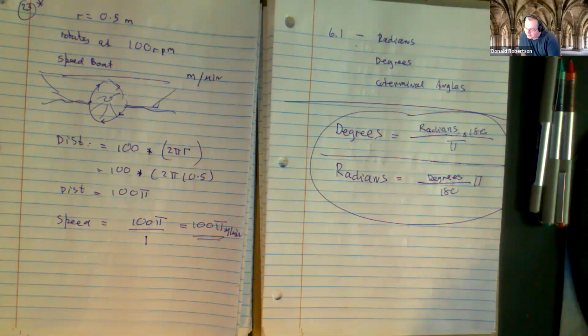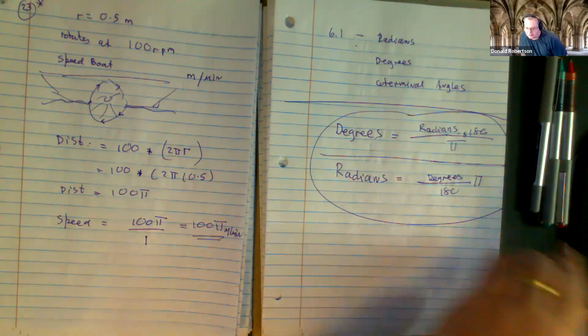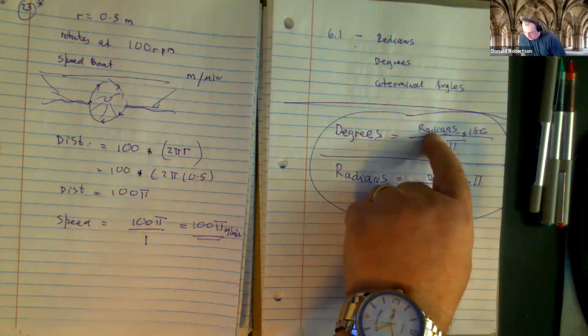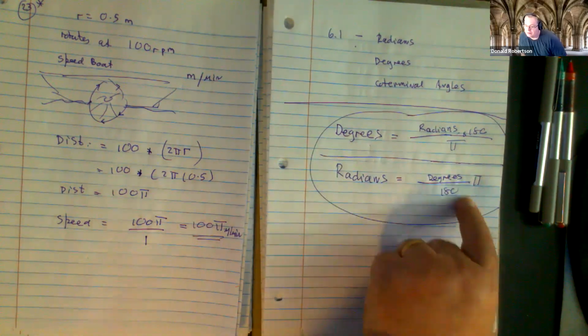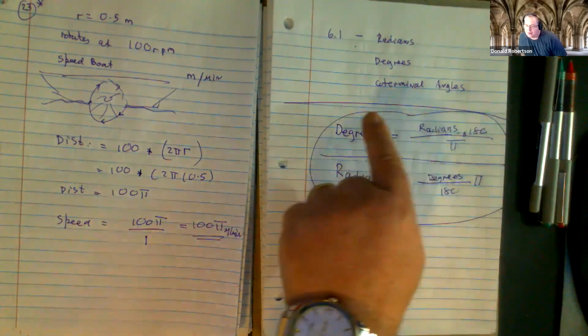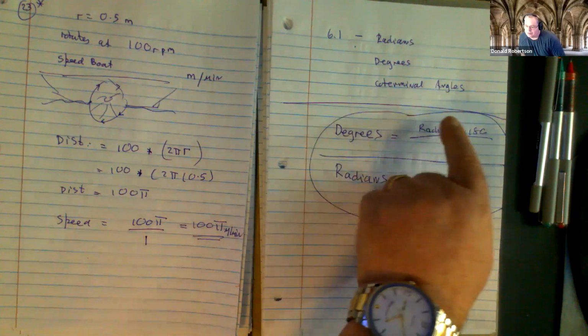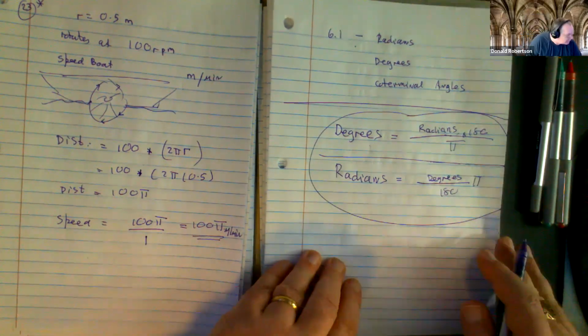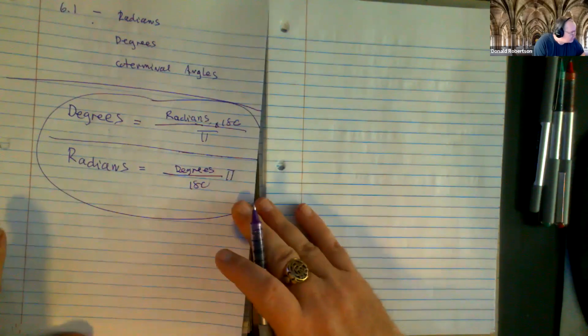You agree they're very similar equations. In fact, if you know one, by solving for the other missing thing, you can create the other one. So if I wanted to go from here to here, I would multiply both sides by pi and then divide both sides by 180, and this is what you'd get. So you got those, guys. It's really just a matter of conversions.